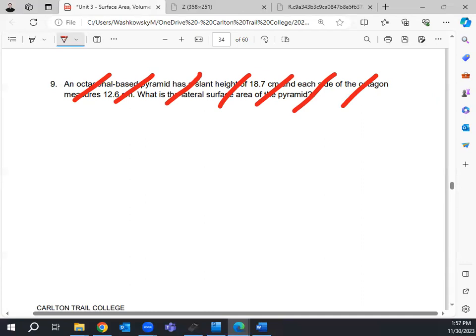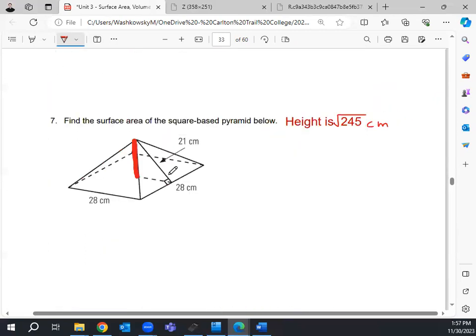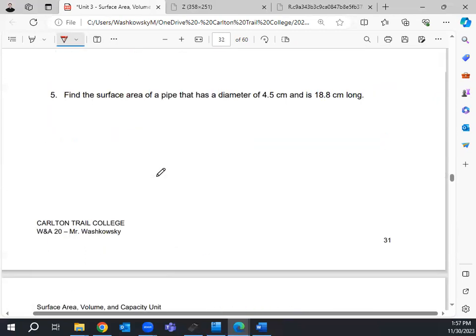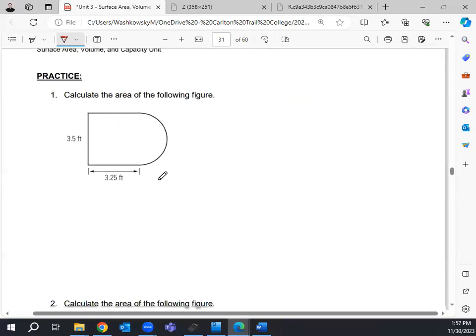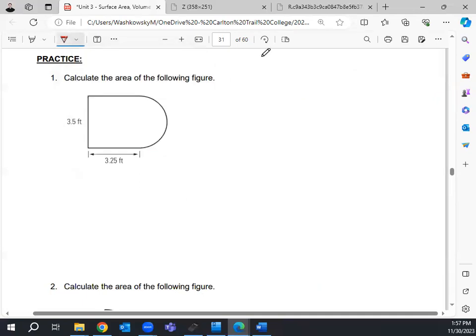Yeah, the rest of it we're good with, I'm pretty sure. So skip question 8, skip question 9, put that information in for question 7, and we should be good to go. I know it's a lot of information. Do your best. Please ask for help if you're not sure. It's really important we do get this down. Keep yourself organized. Don't just write numbers all over the place randomly. I promise you it's going to end in disaster.